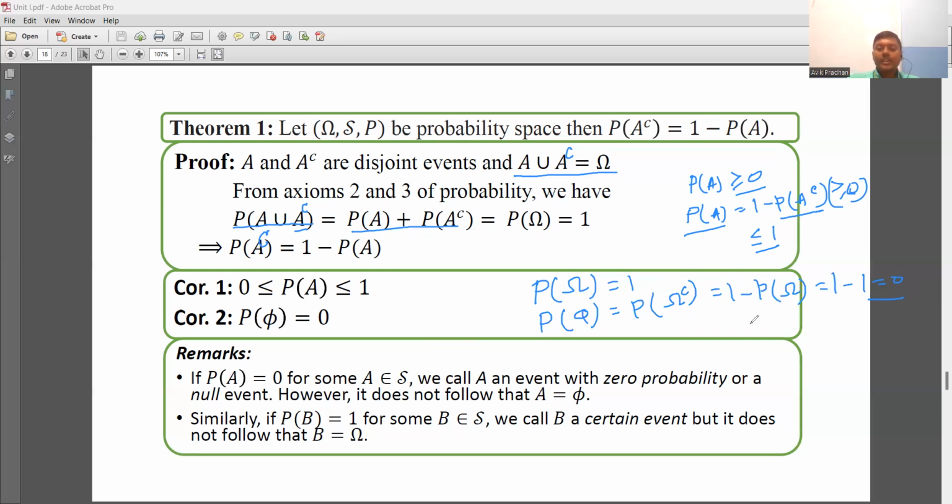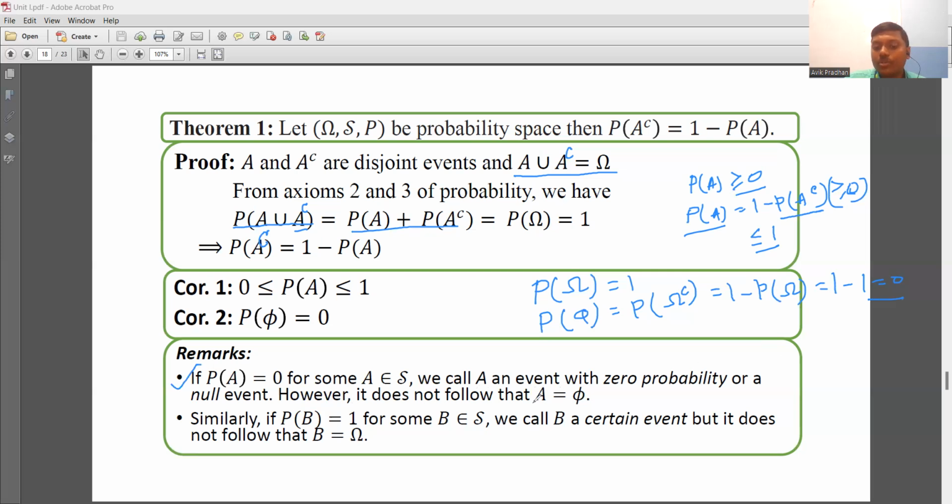Here, two things should be observed, which are the remarks I have mentioned here. The first remark says that the probability of any event being equal to 0 does not imply that the event is a null set. That means if probability of A is equal to 0 for some A belonging to script S, we call A an event with 0 probability, or a null event.